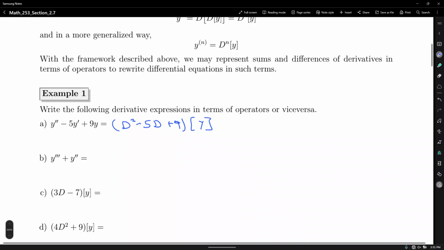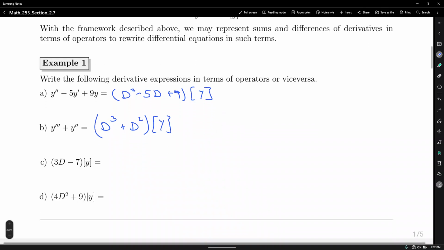It looks exactly the same, except that we have it in terms of uppercase D. So that should make a pretty cool connection with something we did before. What about this one? So third order derivative, that is D cubed plus D squared, okay? And this operator is acting on the function y, all right?